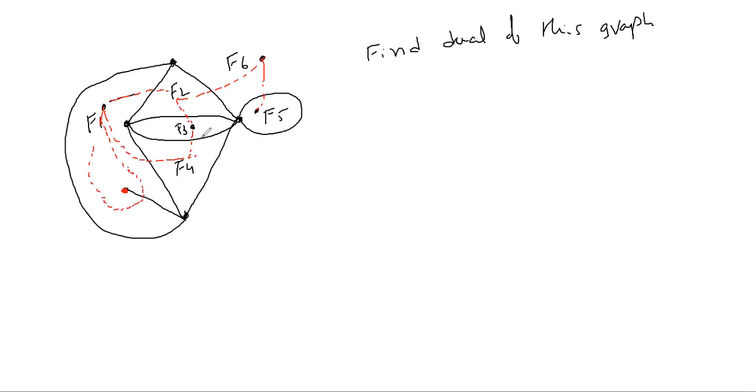Okay. Next, F1, F5 are separated by this edge. F1, F5. So draw one dotted line. Okay. So now, is there any other? F1, F2 completed, F2, F5. Okay. So now, is there any other thing?